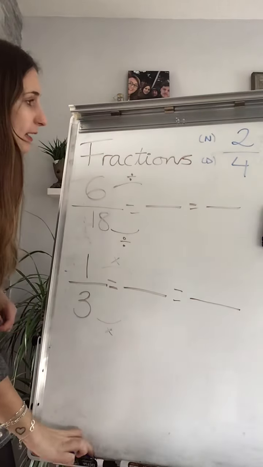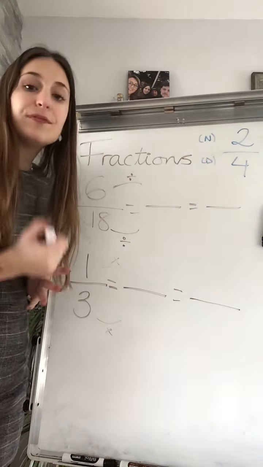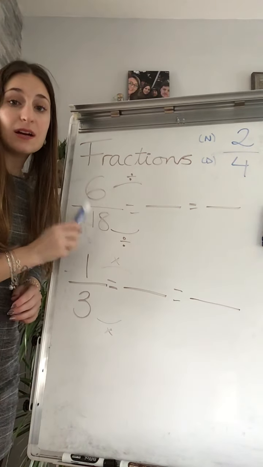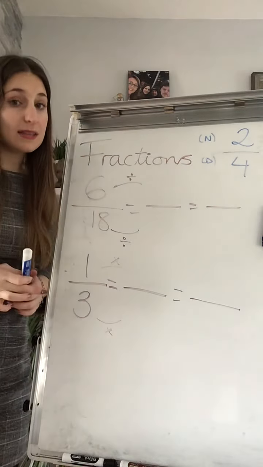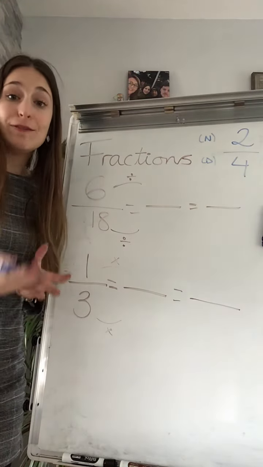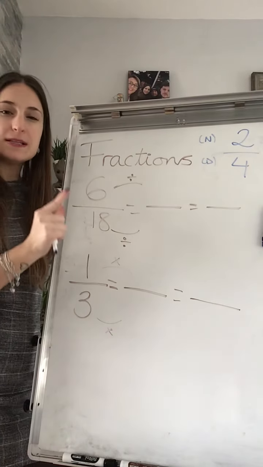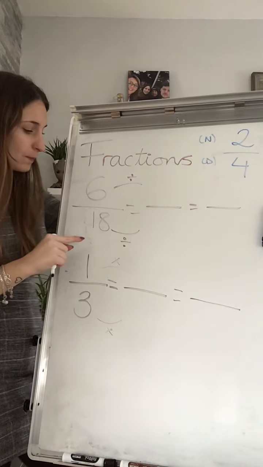Right, we were looking at equivalent fractions, and we were looking at how they do have the same value. My numerator and my denominator, they do need to go timesing or dividing by the same number to get a fraction that has the same value. So, on my first one, I asked you to actually divide it. 6 and 18, the tricky bit is that it needs to be 6 and 18 on the same timetable.